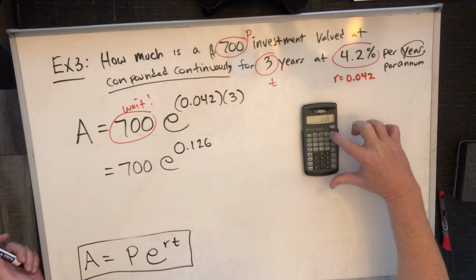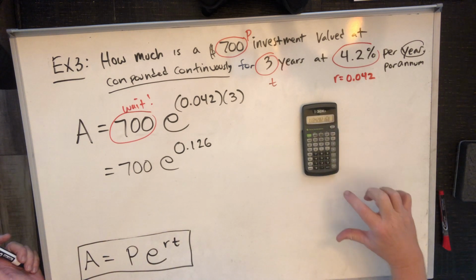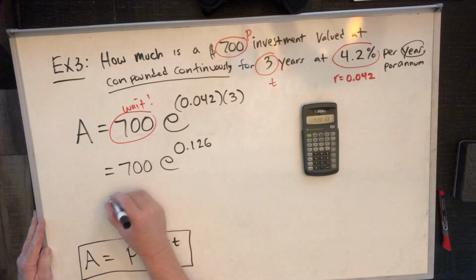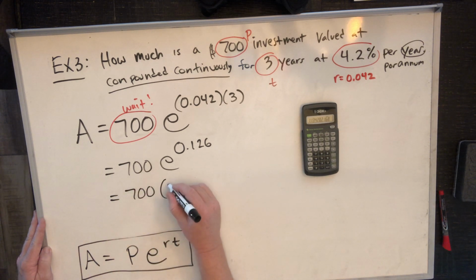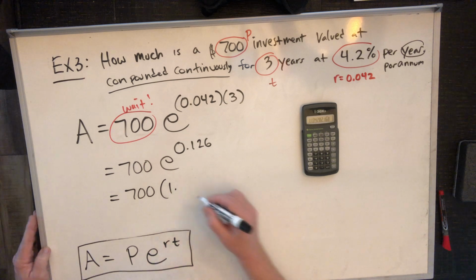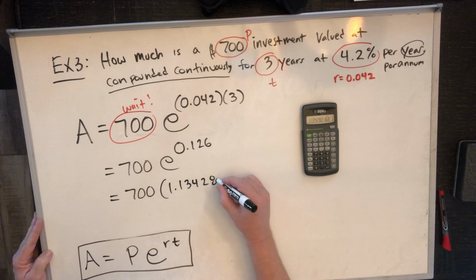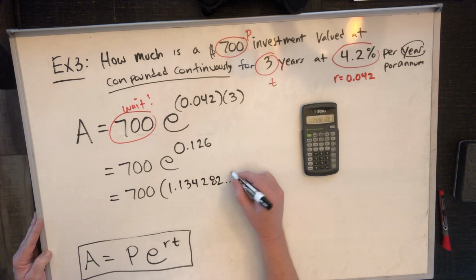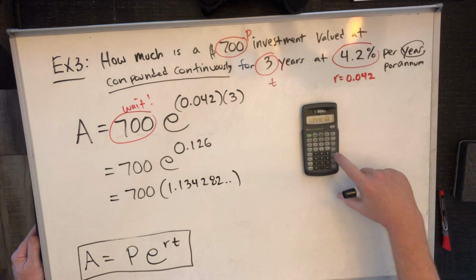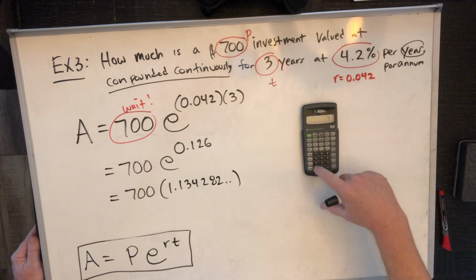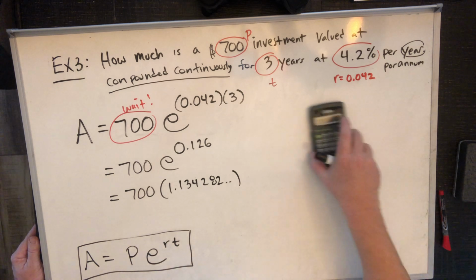Find your e button and raise it to that power. 1.13428, etc. Don't round it yet. Multiply by your original $700 investment.